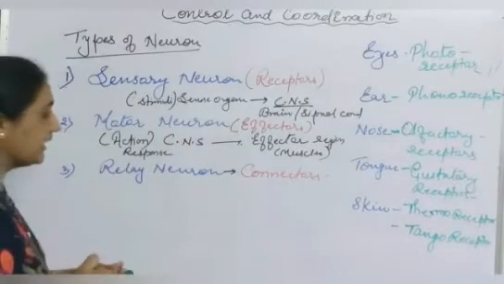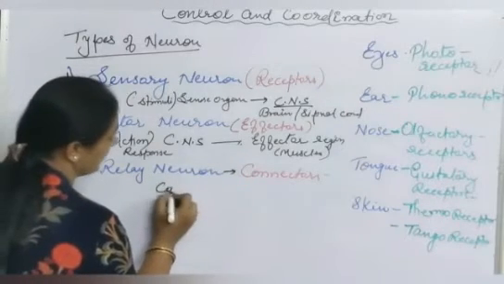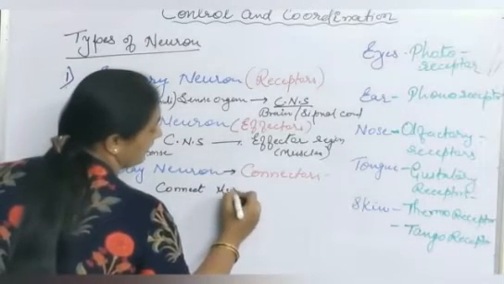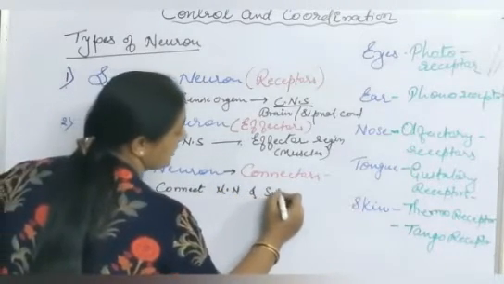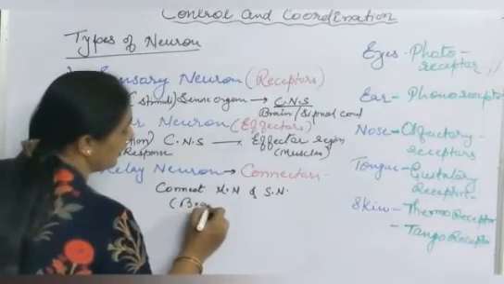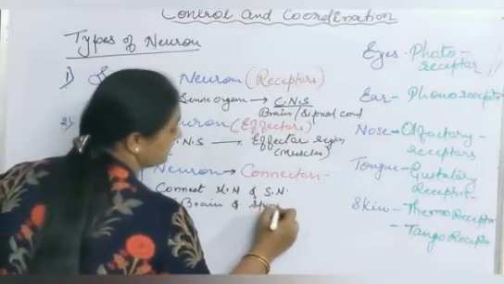Connector means they connect. They help to connect motor neuron and sensory neuron. And these neurons are generally present in the region of brain and spinal cord.